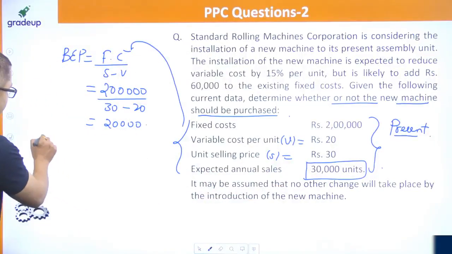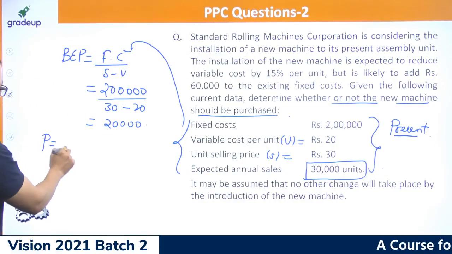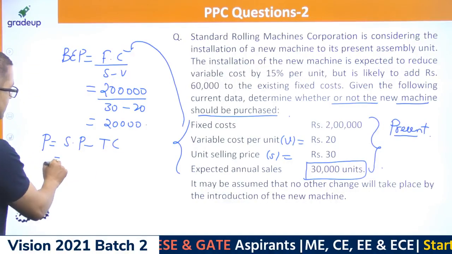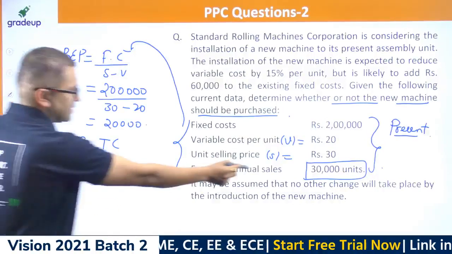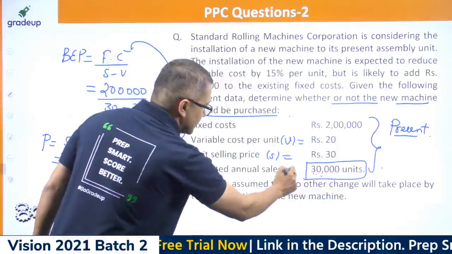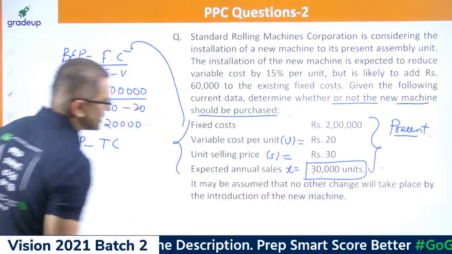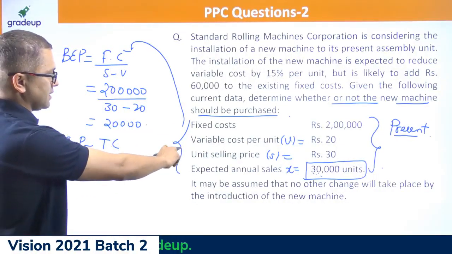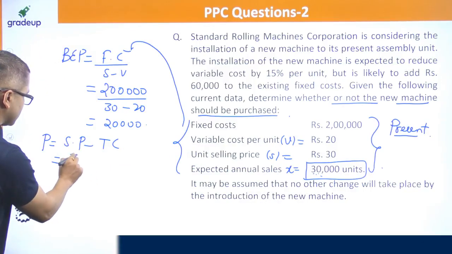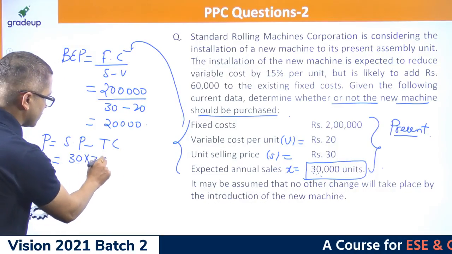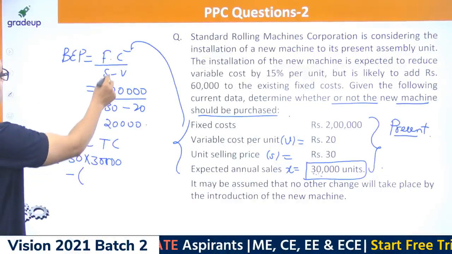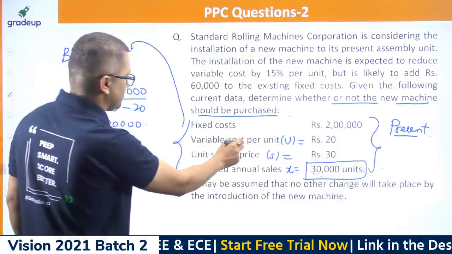So can you please find the profit? Profit is nothing but selling price minus total cost. What is the selling price? At this unit, let's say X equals 30,000 units. So small s is 30, so this is 30 into 30,000. Minus total cost, which is fixed cost plus variable cost.